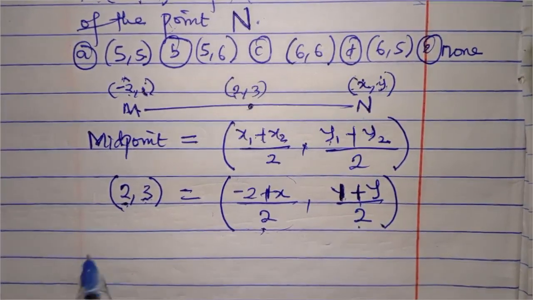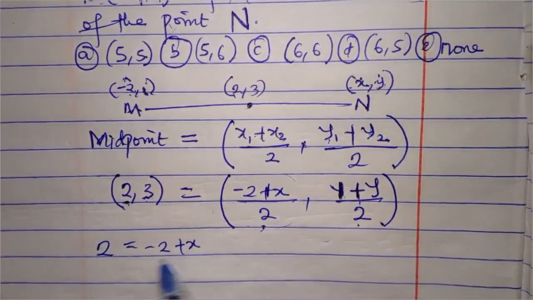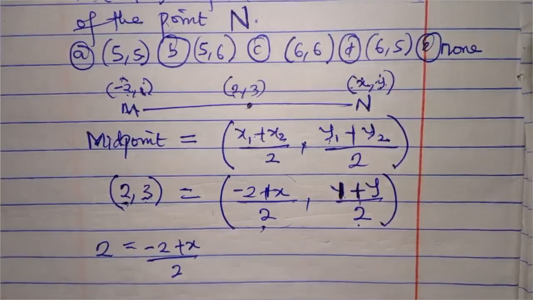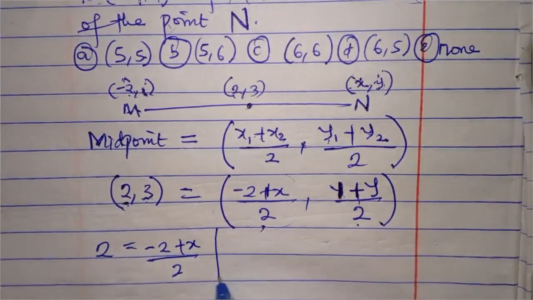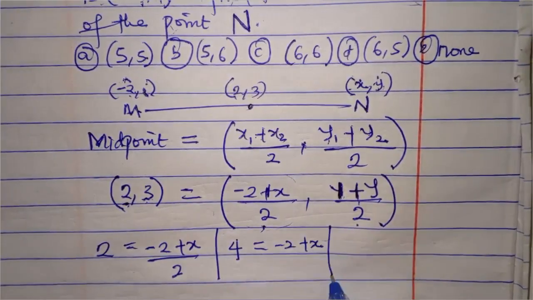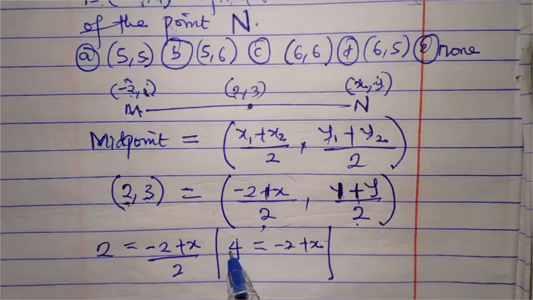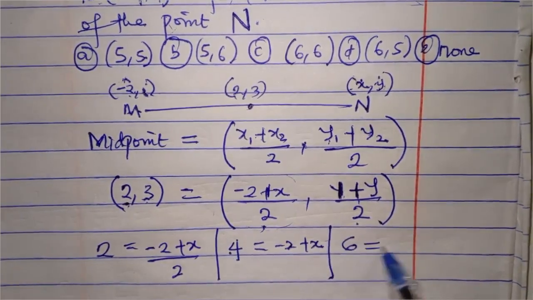So we have that 2 is equal to minus 2 plus x all over 2. If we cross multiply, we have 4 equal to minus 2 plus x. Making x the subject of the formula, if we take this one to the other side, it becomes 6. So 6 is equal to x.